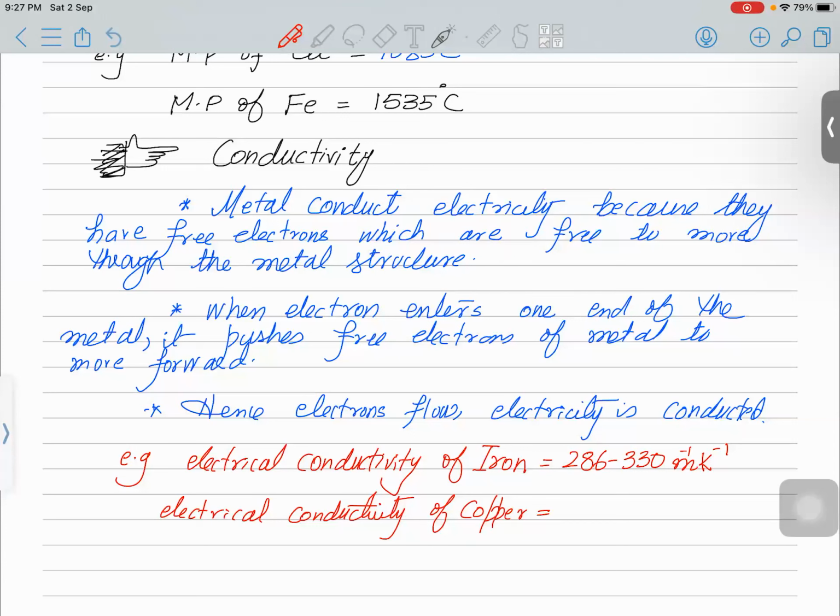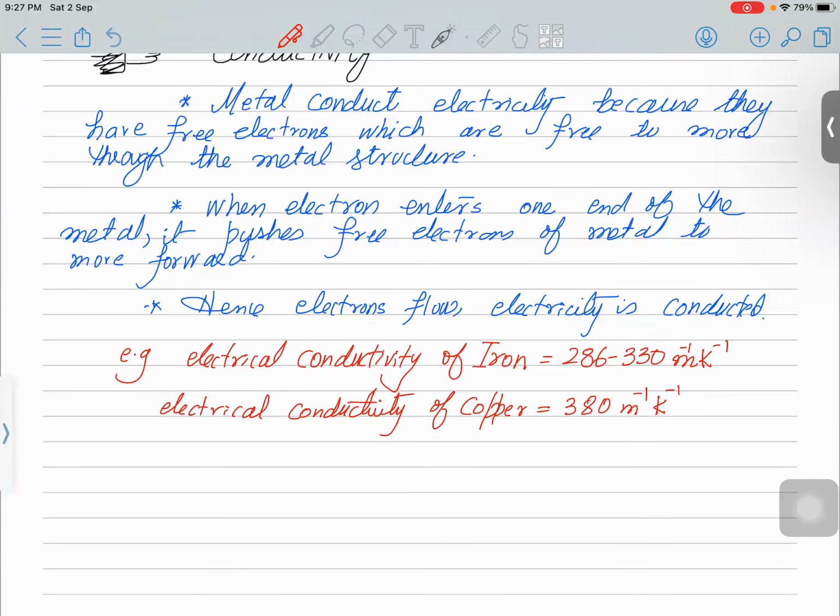For iron it says 286 to 330, and for copper it says 380 W m inverse K inverse.